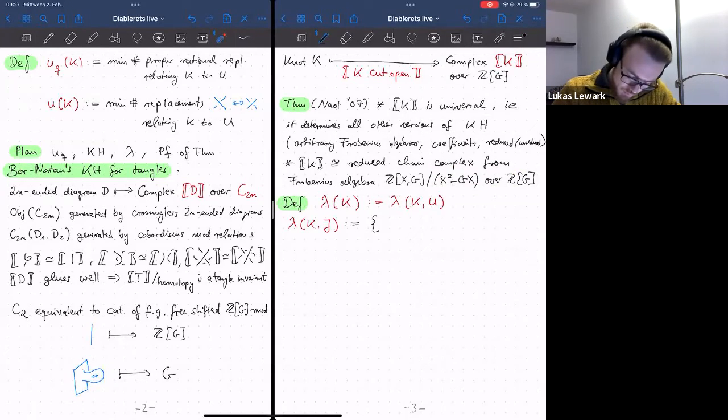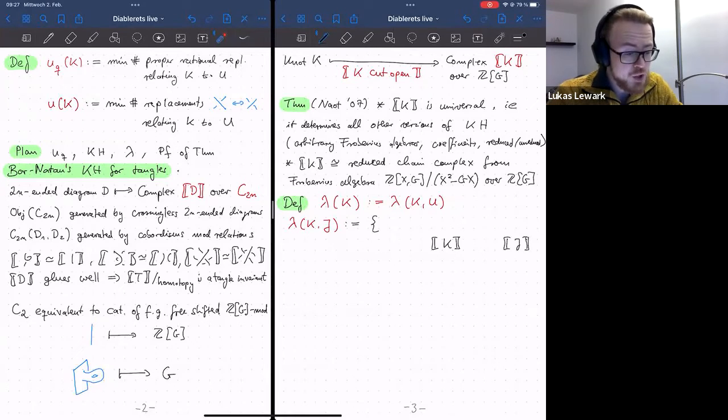So you take the two ZG complexes of K and J. So these are finitely generated graded complexes of free grading-shifted ZG modules. And now you want to compare them. So of course you could ask whether they are homotopy equivalent or not.